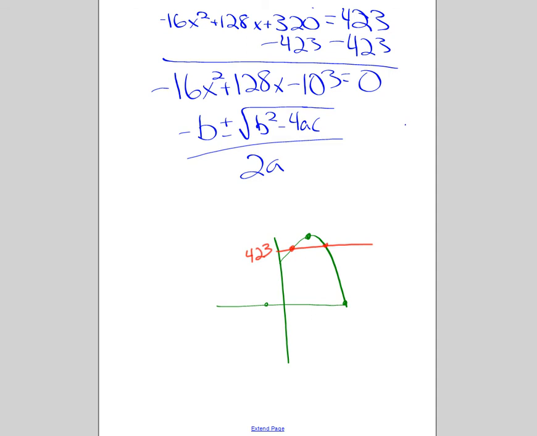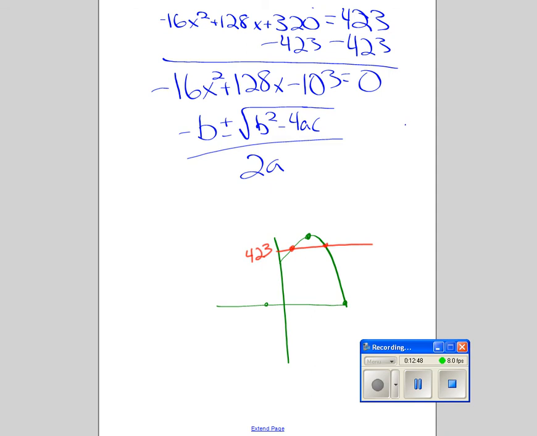Okay, so fill in your numbers. Work it out. Quick break.